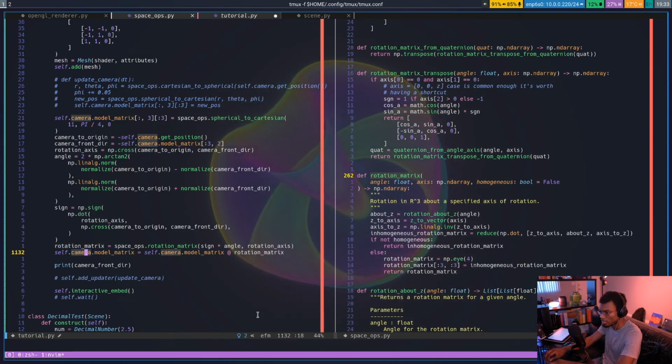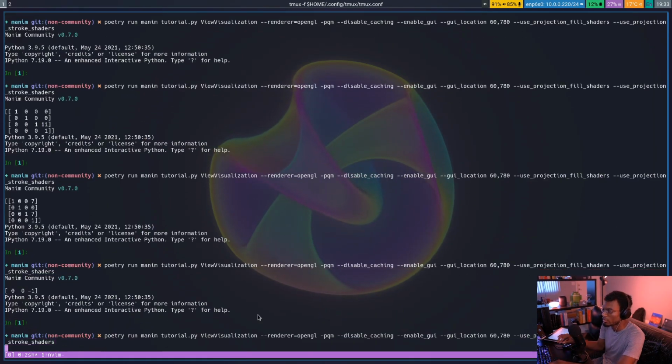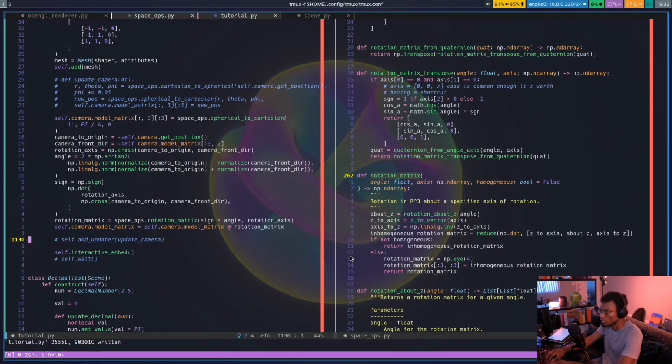And now, if I'm lucky, the camera will be pointing at the origin. Or I'll get an error. What? Oh, this is a 3x3. Well, let's see if this works.